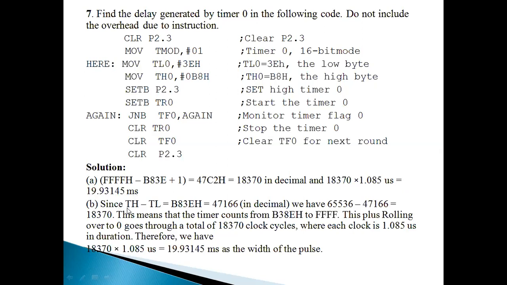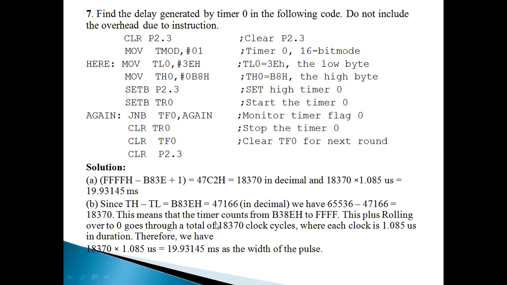In the second way, we take the TH and TL value, which is B83EH. Its decimal equivalent is 47,166. We subtract this value from FFFFH plus 1, whose decimal value is 65,536, minus 47,166, which is B83EH, and it is equal to 18,370.